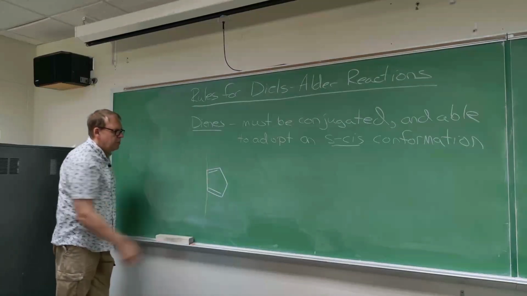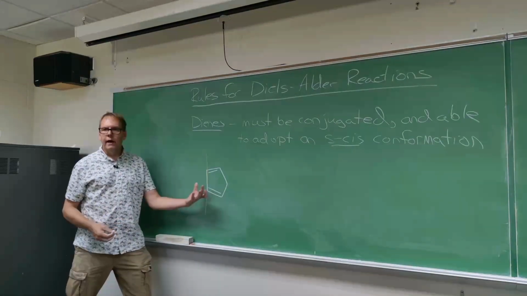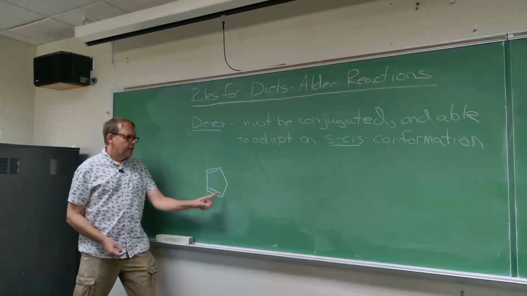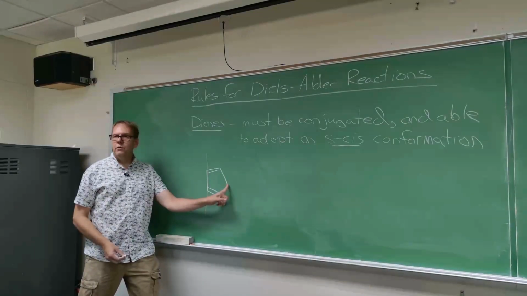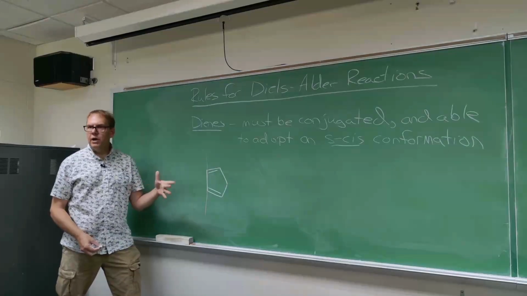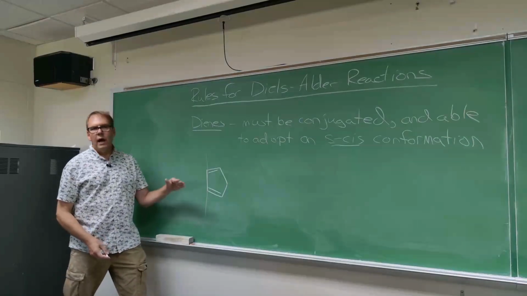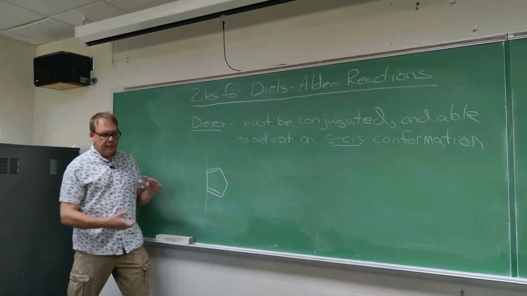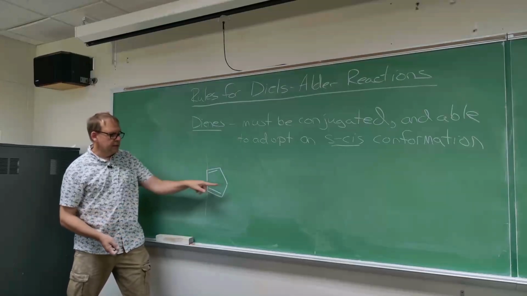Both of the alkene parts are on one side of that line. And here's the thing. They're connected by this CH2 group in a way that prevents them from ever being s-trans. This molecule could not become s-trans if it wanted to, because it can't rotate about this bond because it's locked in place.